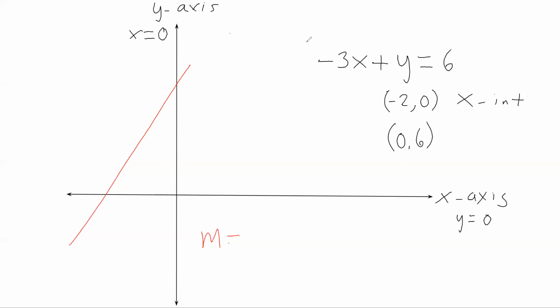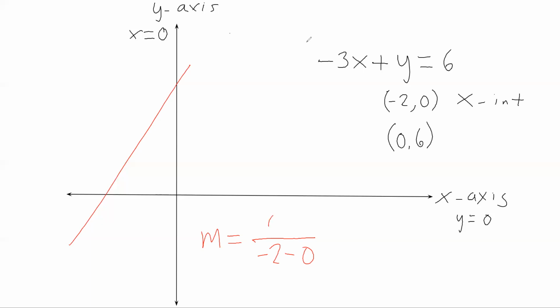M would be equal to, well, the change in x would be the difference of the x values, so we have that in the denominator: negative 2 minus 0, or 0 minus negative 2, makes no difference. Let's go with negative 2 minus 0. What does matter is that if I go with negative 2 minus 0 in the denominator for the change in x, then the change in y has to be done the same way, so that would be 0 minus 6.